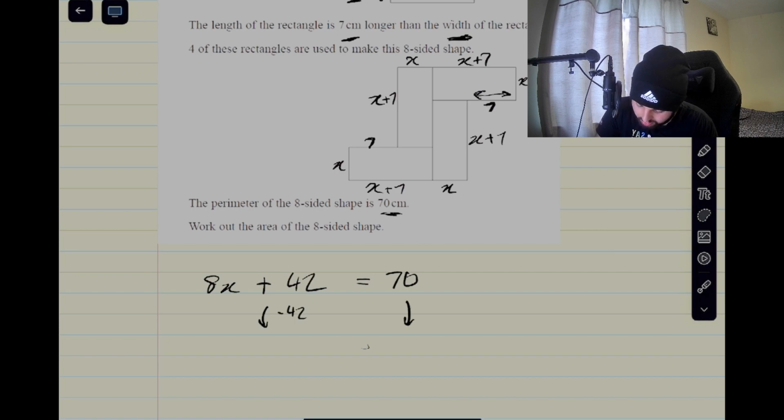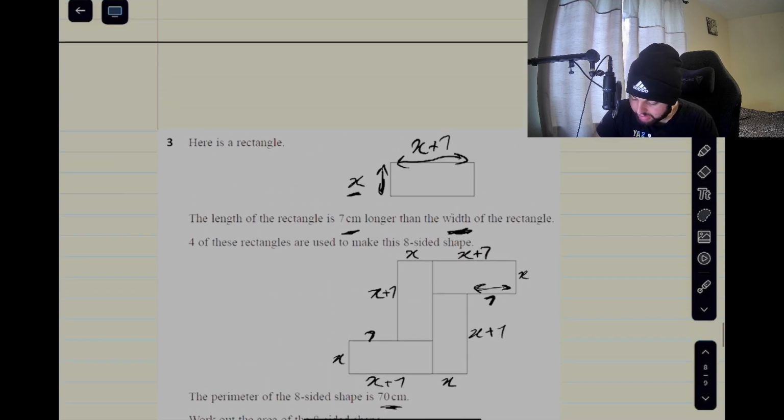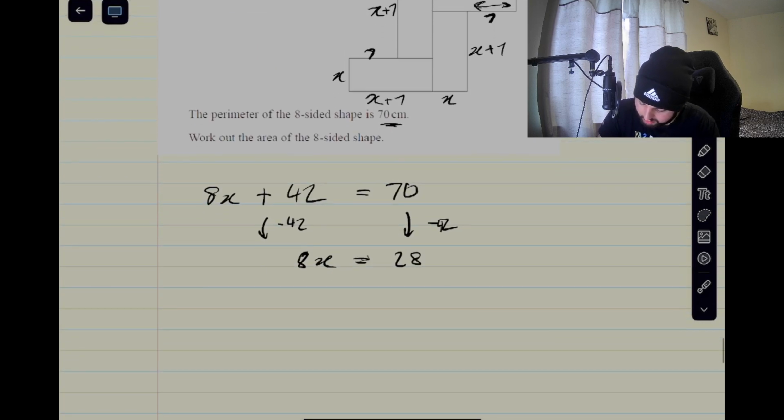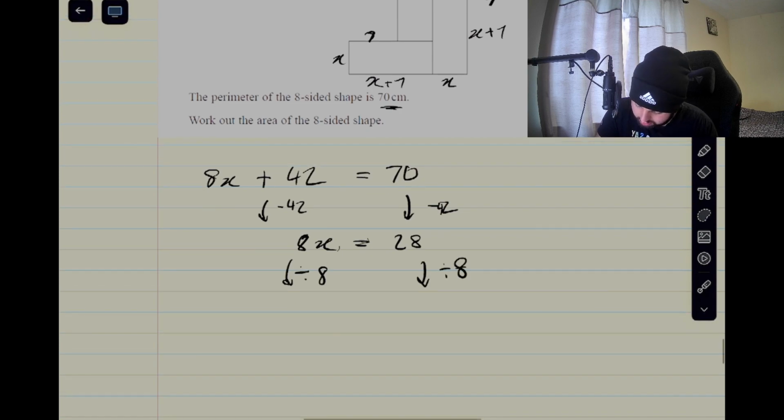Minus 42 on the left hand side, you just get 8x by itself. 70 minus 42 is just going to be 28. Now we're going to just divide by 8 on both sides. So that's x, because 8x divided by 8 is x. And 28 divided by 8 is 7/2, or 3.5.